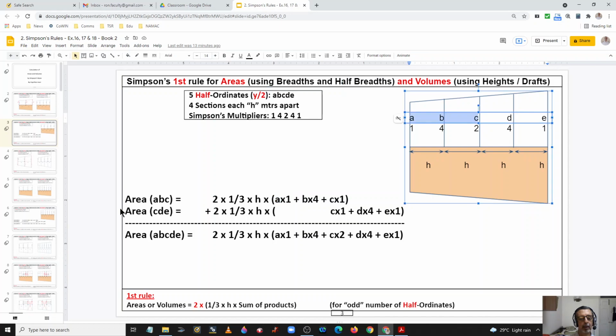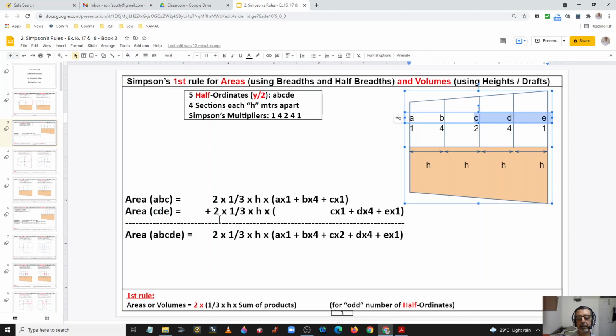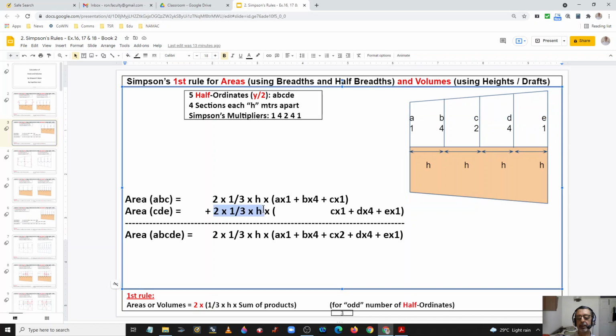Now we take the area C, D and E. Here also we repeat the same formula with the multipliers being 1, 4 and 1. So once again 2 times 1 by 3 into h, where h is the distance between each of the ordinates.